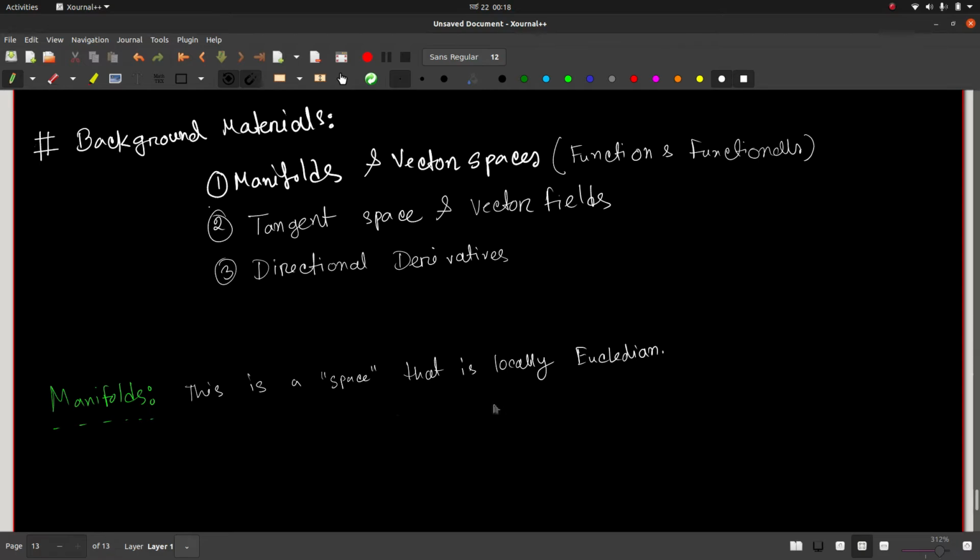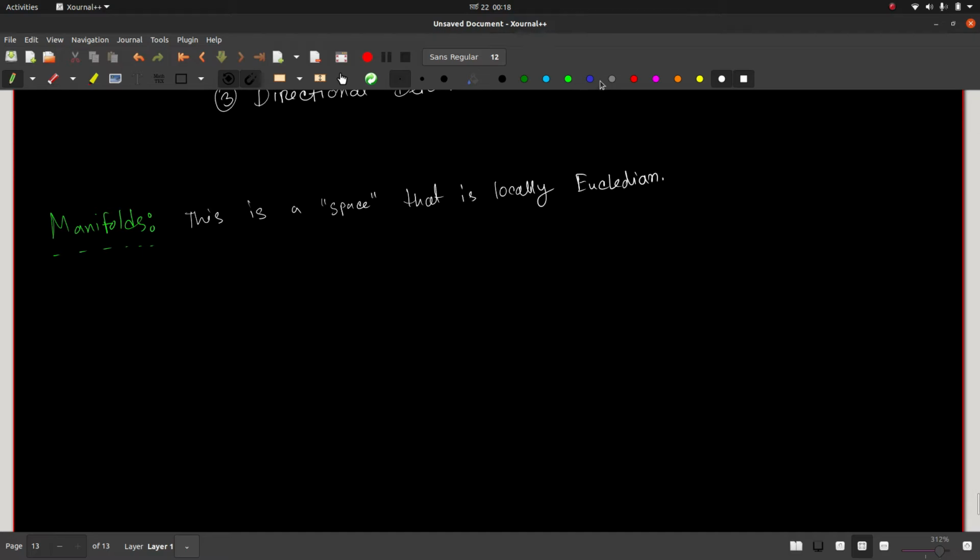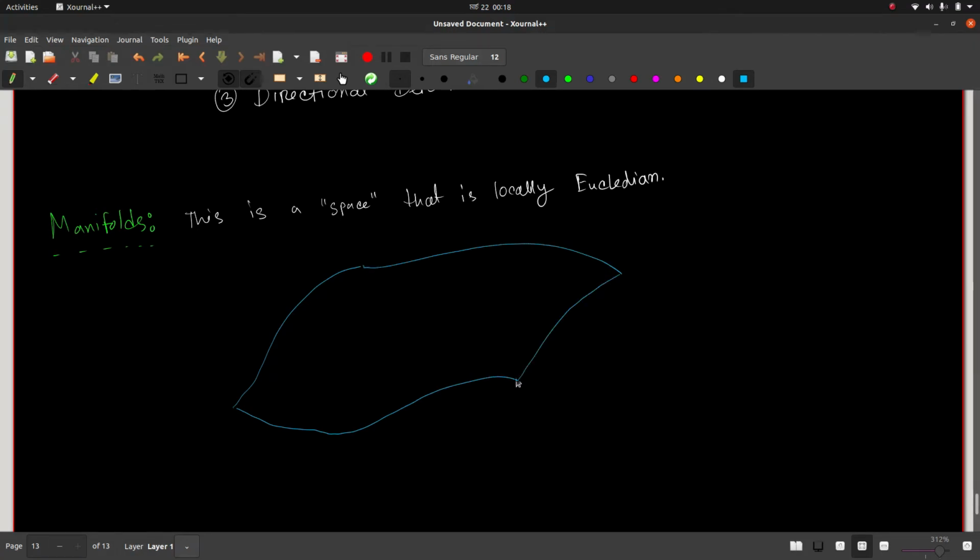So what do we mean by this statement? Think of the following. Let's say you have a rubber sheet like this, and if you consider a point, let's say the point P, and you consider a very small neighborhood around P, if this neighborhood is flat, then this is Euclidean.